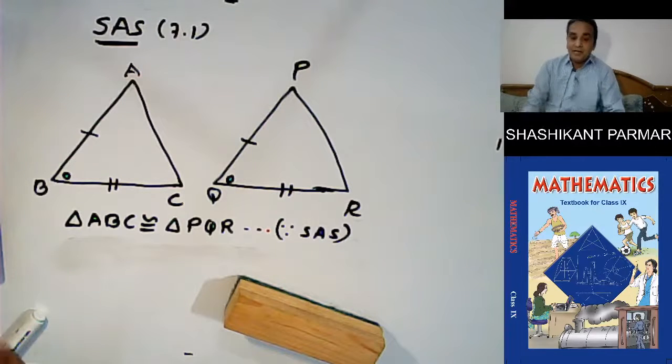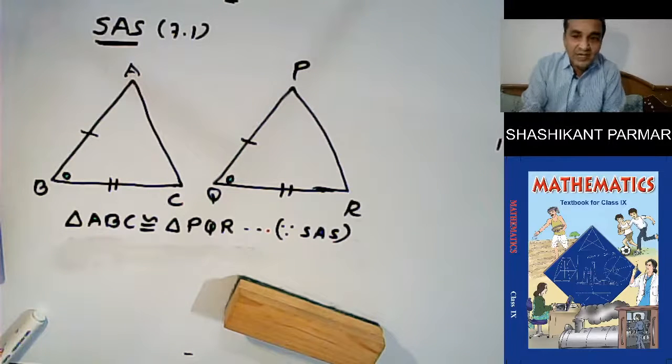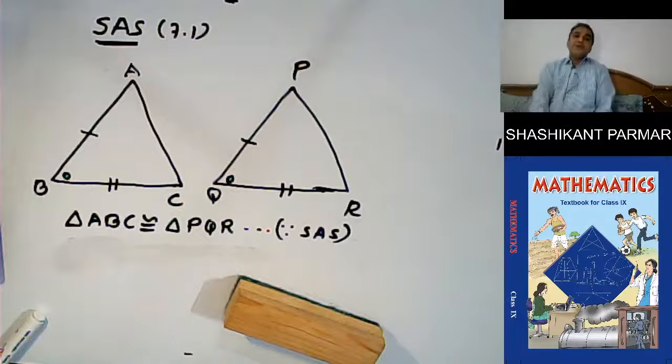So are the triangles congruent? See here, two triangles, one is ABC and the second one is PQR. AB is 5 cm, BC is 4 cm. Here PQ is 5 cm and QR is 4 cm. Angle C is 50 degrees, angle P is 40 degrees. So two triangles with two sides equal, 5 cm and 4 cm.